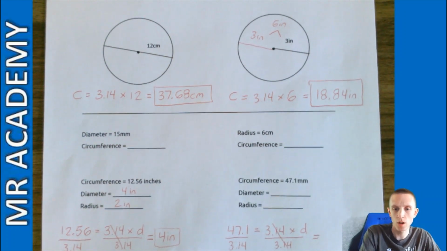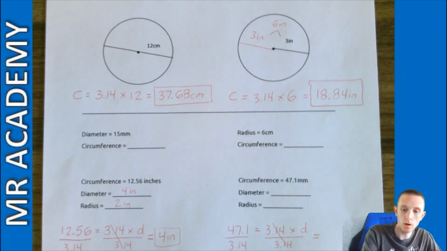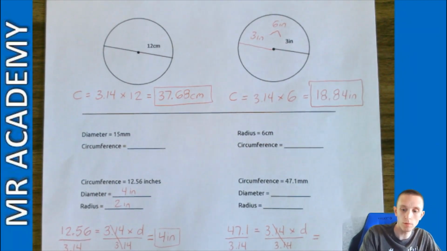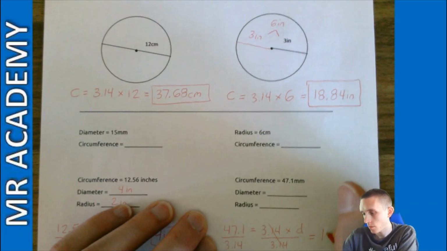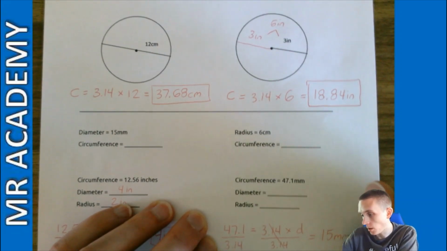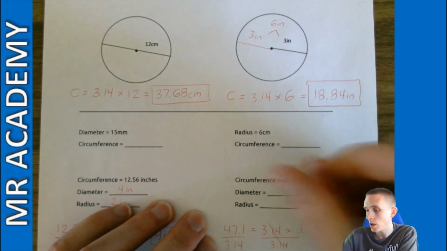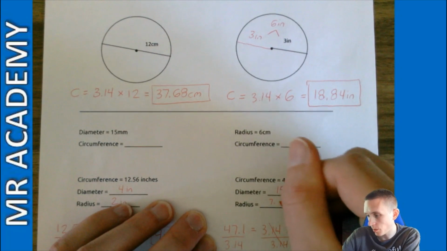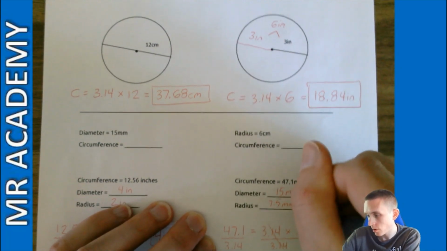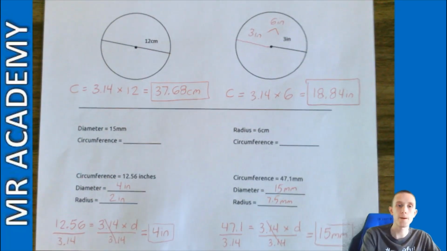I want to make sure that I'm doing the right thing here. We're going to say 47.1 divided by 3.14, and that is 15. 15 millimeters. That is our diameter. Half of that would just be 7.5 millimeters. All right.